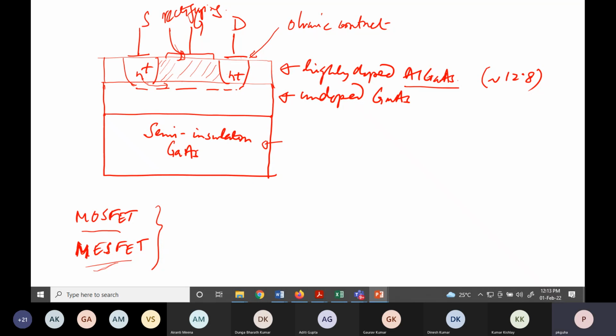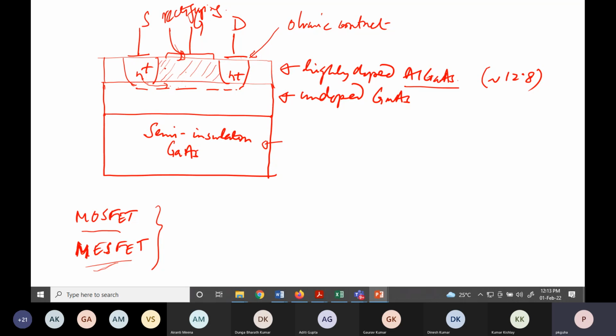When this junction is formed, the electrons from this highly doped N plus region will travel to the undoped gallium arsenide side, and they will basically accumulate in this notch portion. Now we have to bias this gate so that we can deplete this aluminum gallium arsenide.